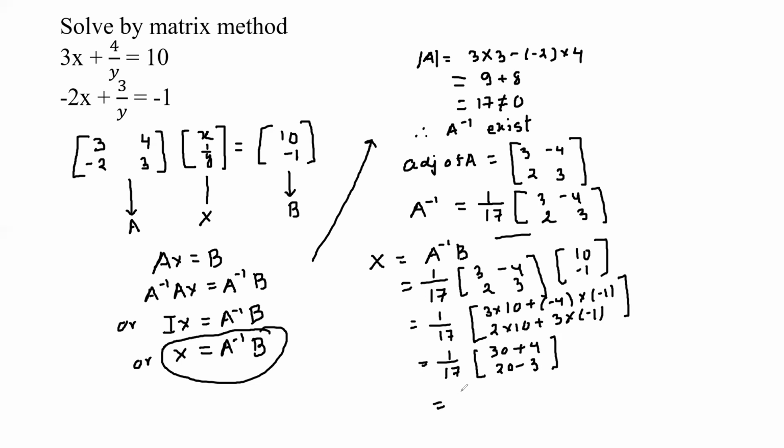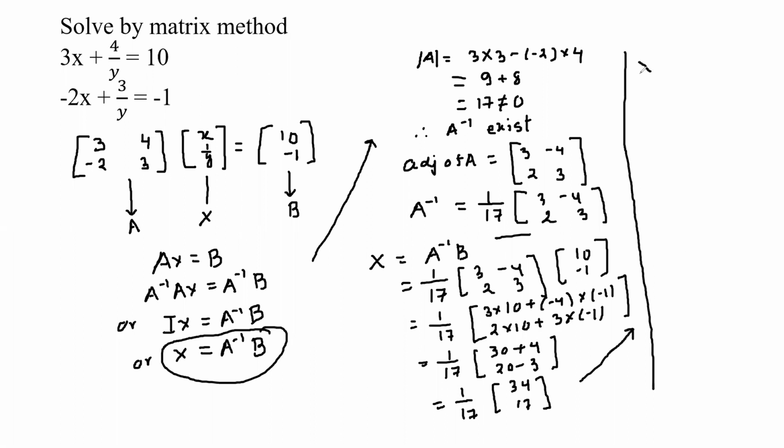Here it will be 1 by 17, and we get 34, and 20 minus 3 gives 17. Now we can see that x is equal to 1 by 17 times the matrix 34 and 17.